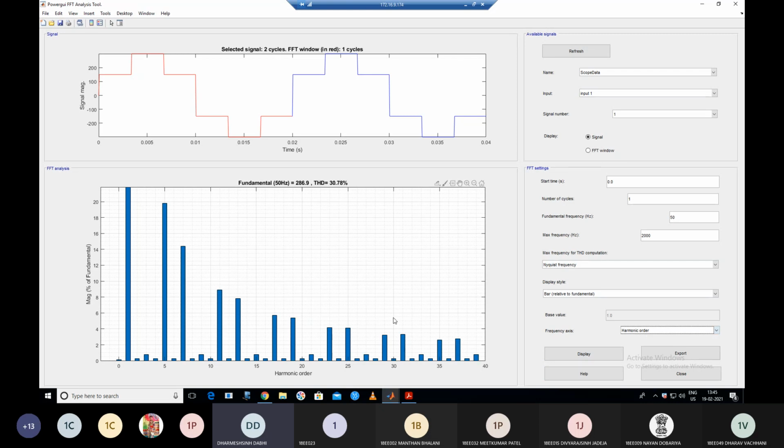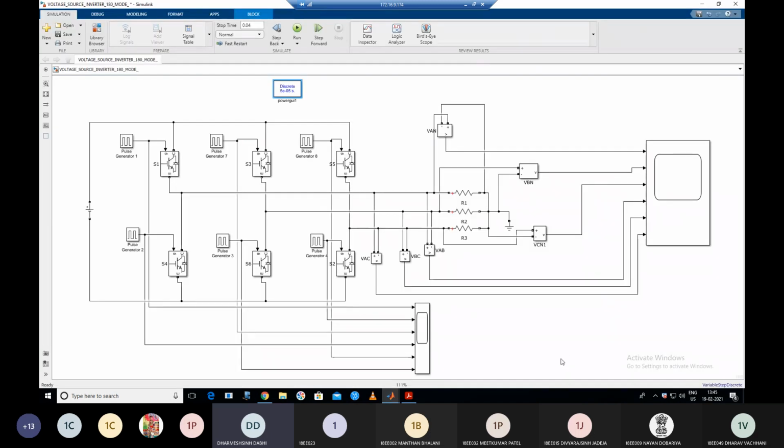So this is the THD or harmonic analysis of phase voltage. In the same way you can also do the FFT analysis for the line voltages. So this is all about the simulation of 180-degree mode. One more thing: you can also check the gate pulses by taking another scope. Here I take another scope through which I can measure all the gate pulses of the switches.